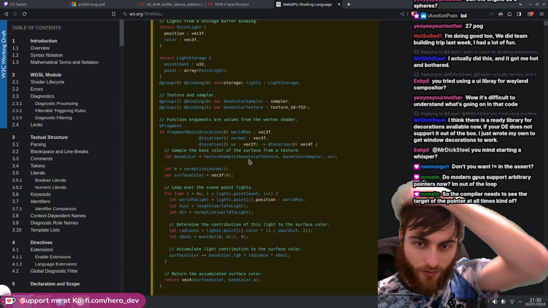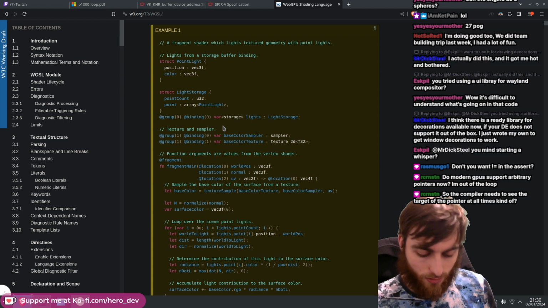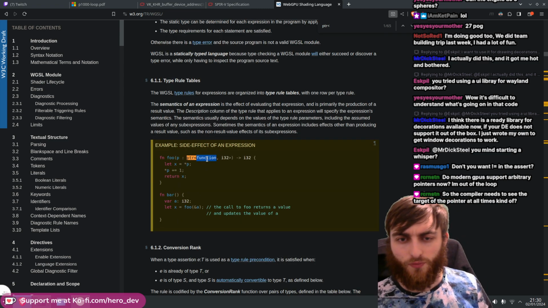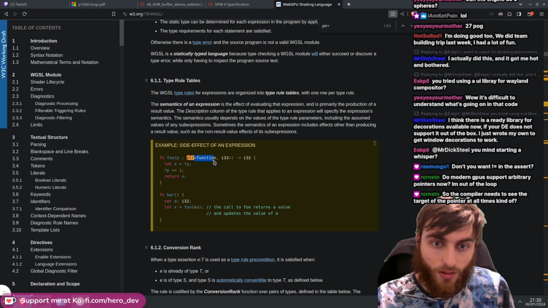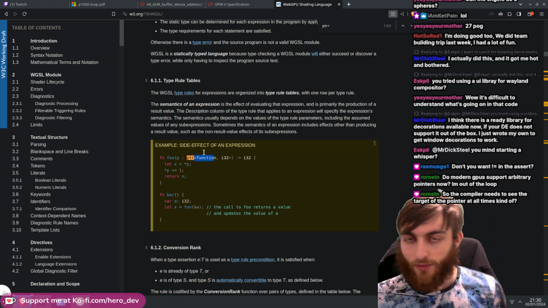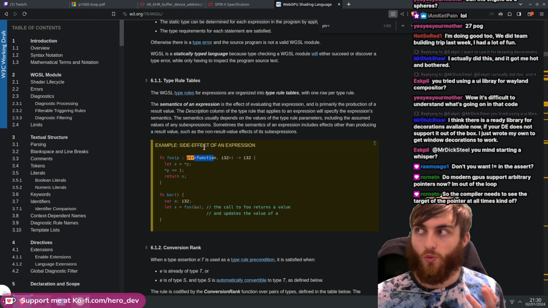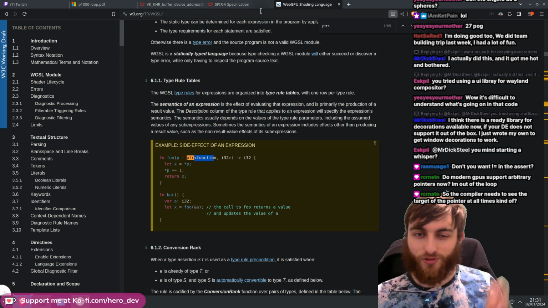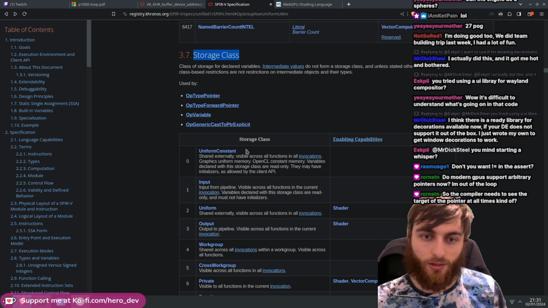They do all this silly stuff with a pointer, PTR, this, right? And you write the word function in there. Why is that? Because you have to know what sort of storage class your pointer is, and it's really, really annoying.